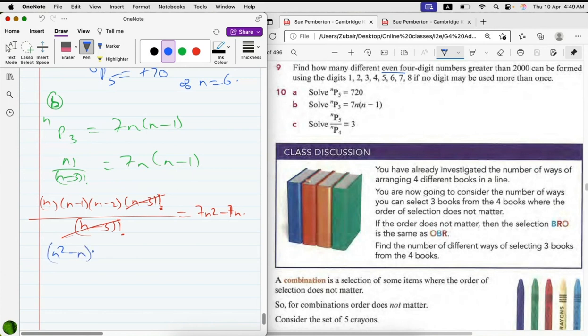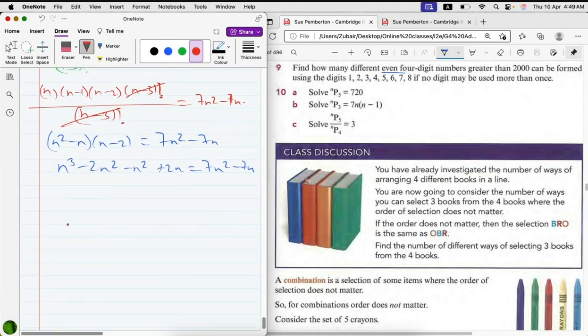N square minus N into N minus 2, is 7N square minus 7N. N cube minus 2N square minus N square plus 2N is equal to 7N square minus 7N. N cube minus 3N square plus 2N equals 7N square minus 7N.